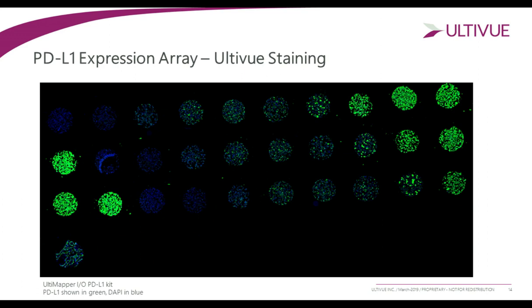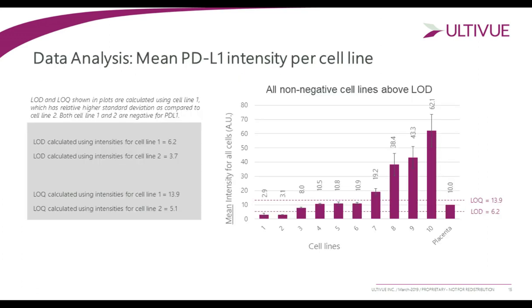This dynamic range is really important because it allows you to start to quantitate it and understand what your limit of detection and limit of quantitation actually is for a specific assay. And going back to what I was discussing earlier, when people initially started looking at PD-L1, positive or negative was really what you were looking at.